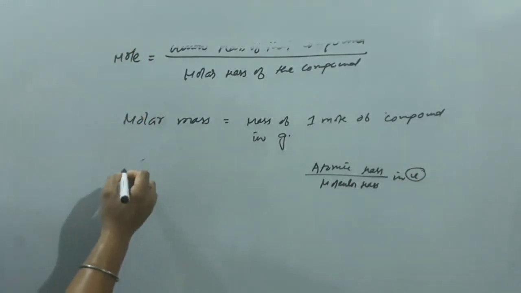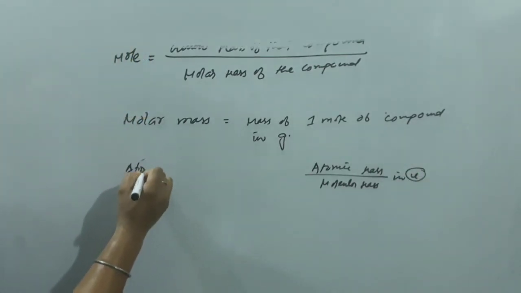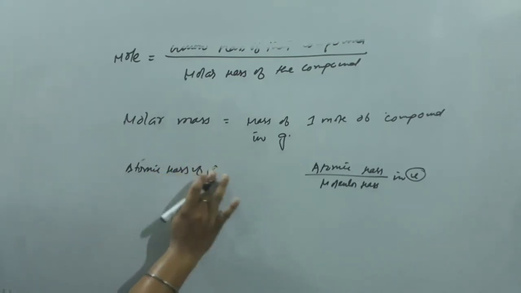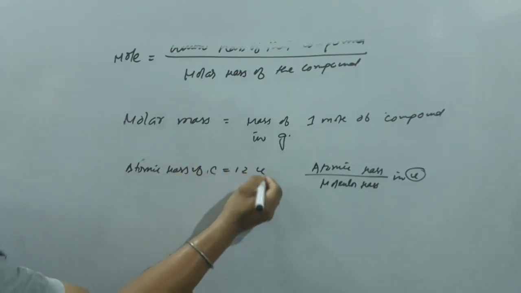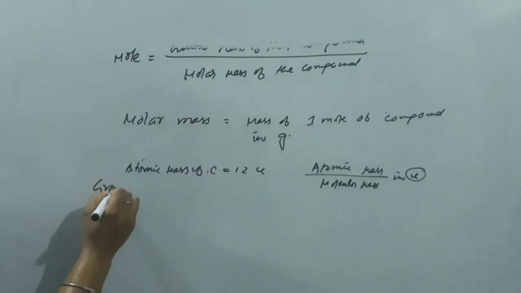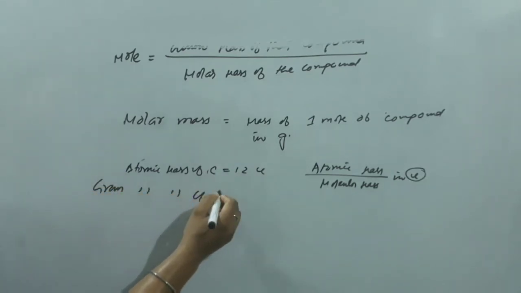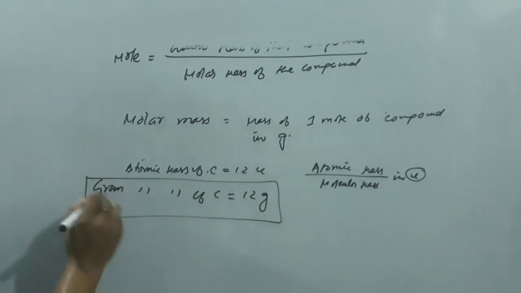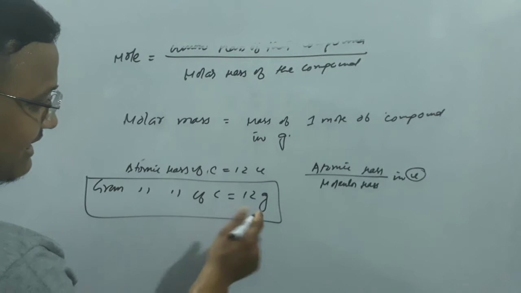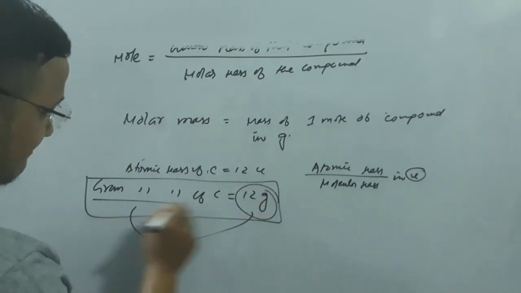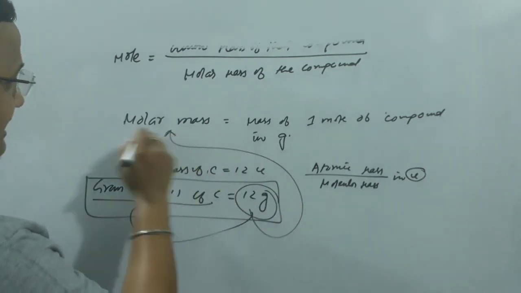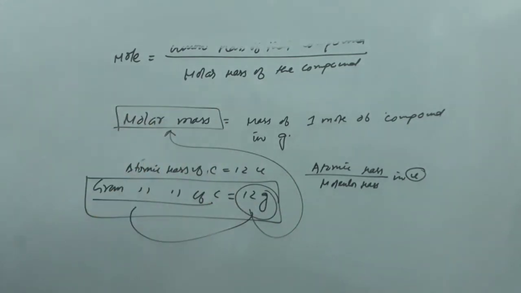That means if atomic mass of carbon equals 12 U, then gram atomic mass of C equals 12 gram. So the mass of that atom represented in gram, the gram atomic mass, is what we call molar mass.